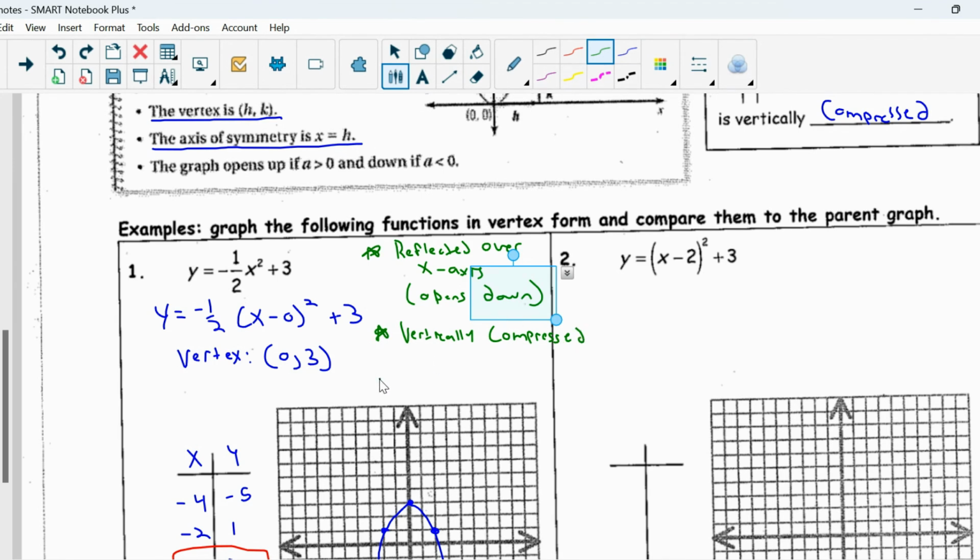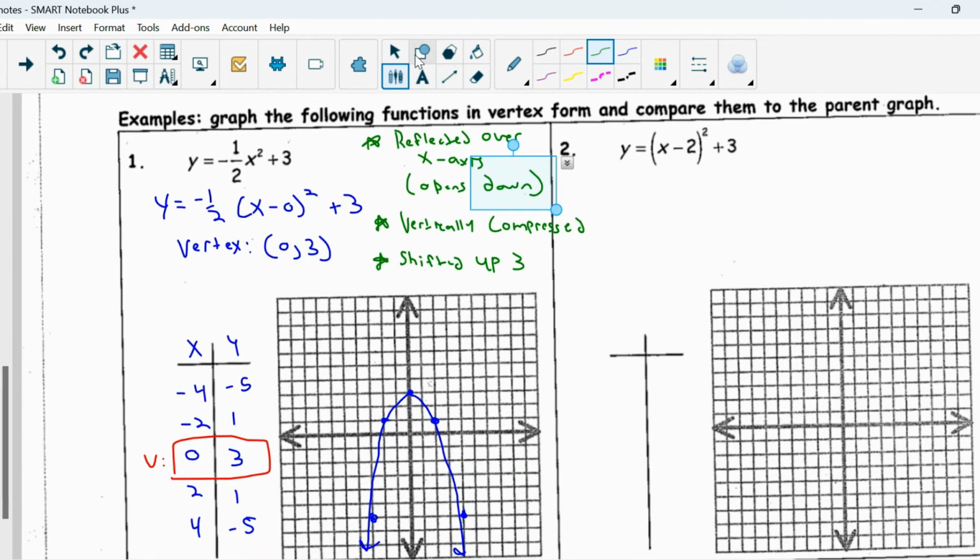And then finally, we have a horizontal shift of 0, right? Our h value is 0. Yet we still have a vertical shift of 3. So we can just say shifted up 3, right?